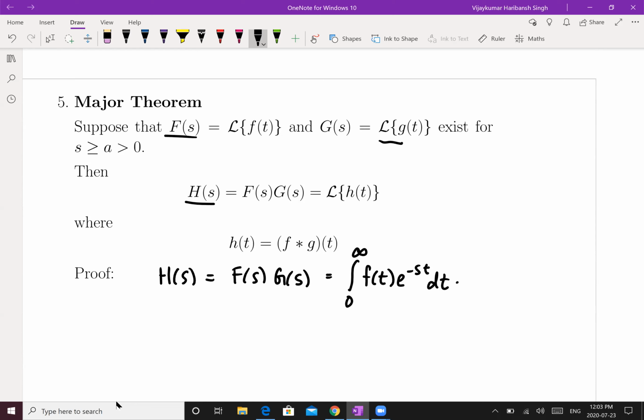And g of s, well, it will not be same t, so we have to use a different variable. So 0 to infinity g of u e to the power minus su du.